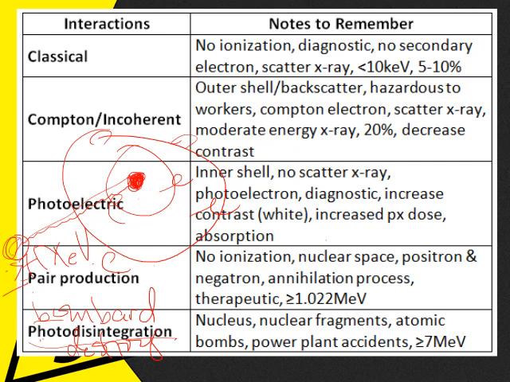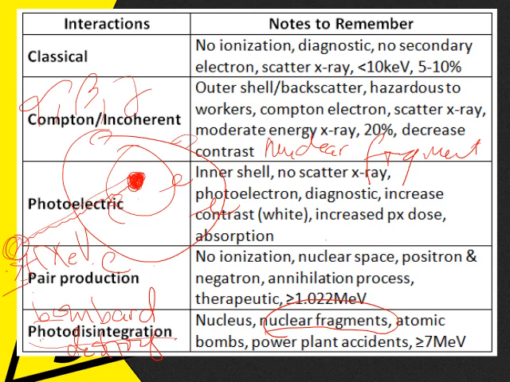And because this is bombarded or destroyed, it will produce nuclear fragments. Ito siya, yung nuclear fragments. These nuclear fragments can be in a form of alpha, beta, gamma, and other nuclear fragments.